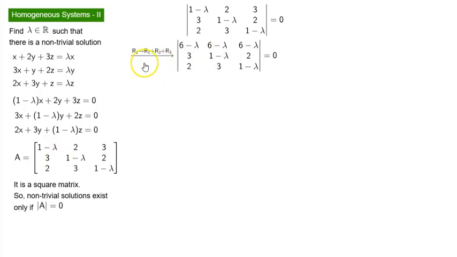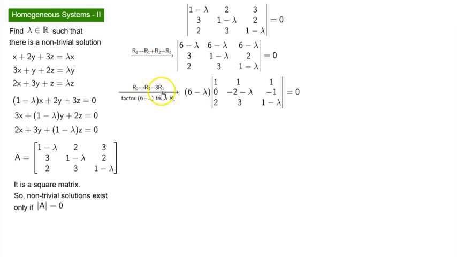Let's simplify this or reduce it using row operations. R1 replaced with R1 plus R2 plus R3. R2 replaced with R2 minus 3R1. And we also factor out 6 minus lambda from R1.